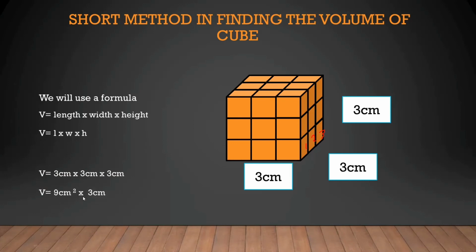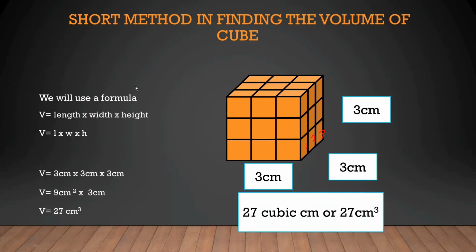And then, we will multiply it to the 3 cm and then it becomes 27 cubic centimeter. So again, tatandaan natin, 3 na po yung ating exponent. So, ang sagot po natin ay 27 cubic centimeter.